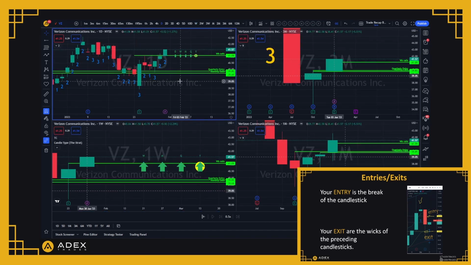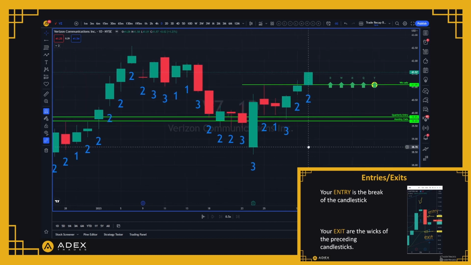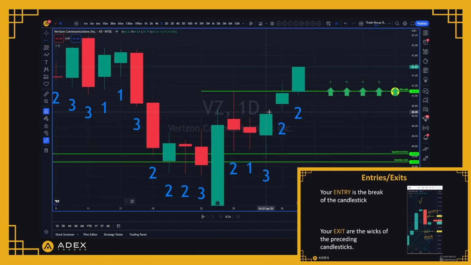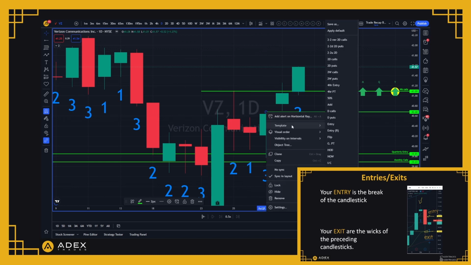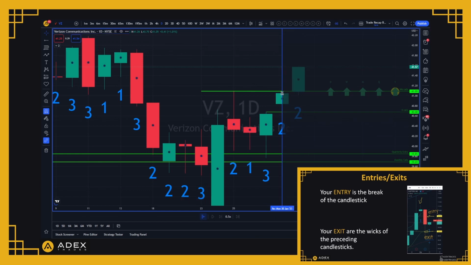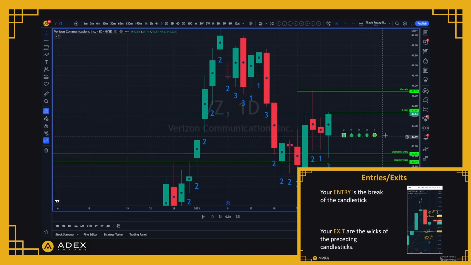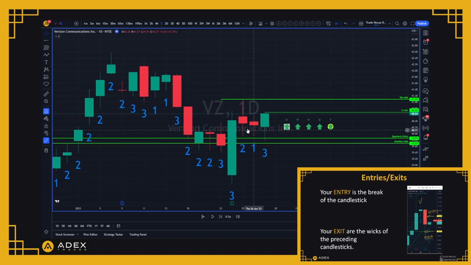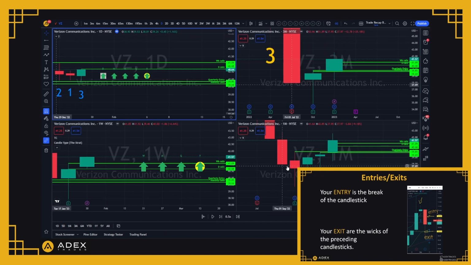Then on the daily, this was what happened on Friday. We had a 1-3 rev strat on Friday, so we had another actionable signal. Okay, daily call trigger. Let me mark this real quick. This is what Friday said. After the close on Friday, this is what Verizon looked like. It had a 1-3 rev strat on the day.